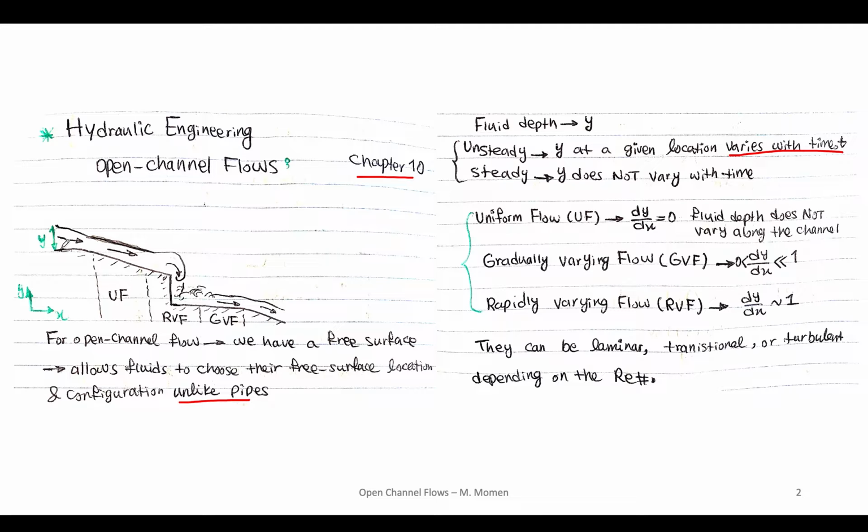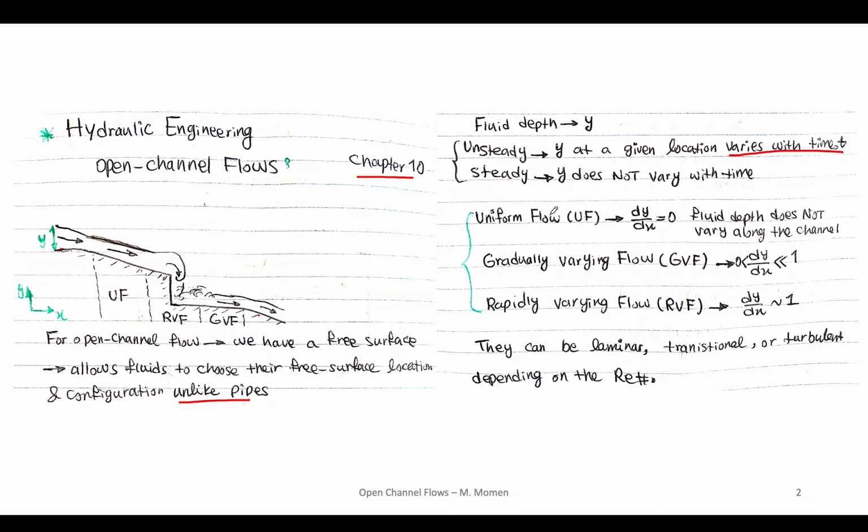For example, if you go from here to here, here might be a little bit thicker than here, but with respect to time, it is steady. It does not vary with time. If you look at it now and then look at it tomorrow, it's going to be the same. That is what we call steady flow. But in unsteady flow, if you look at it now and then a few seconds from now at the given location, you see that y is going to vary with time.